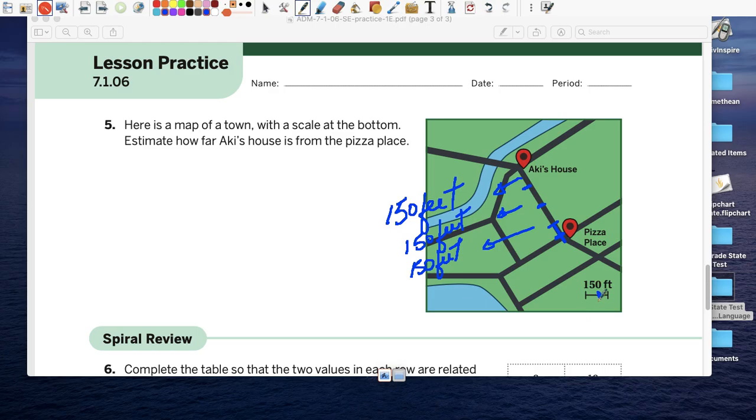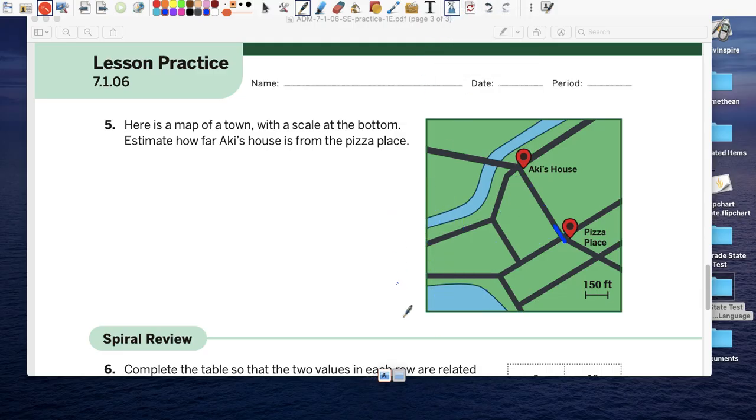A half would be 75, so let's say about 90 feet. And you can add them up: 450 plus 90, about 540 feet. And that's one way of doing it.